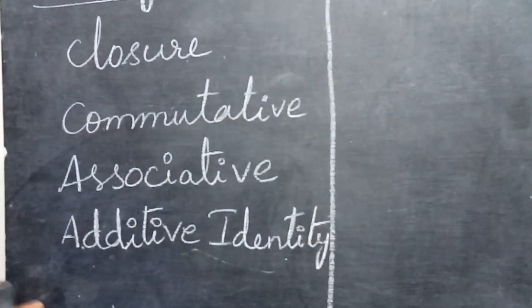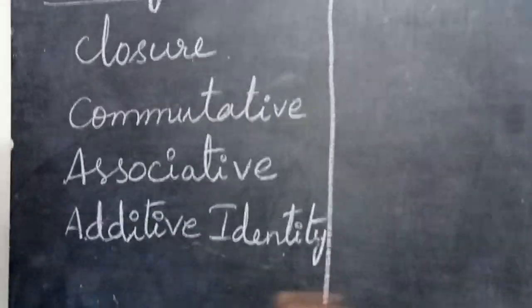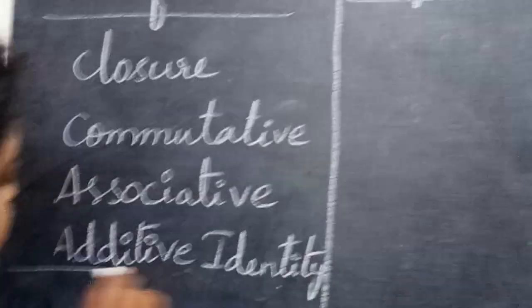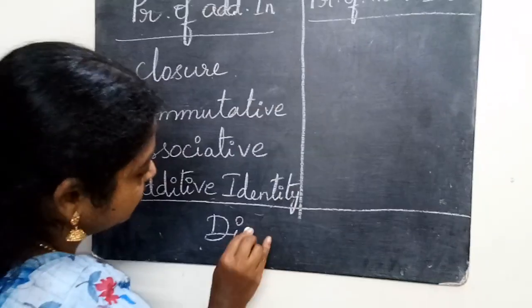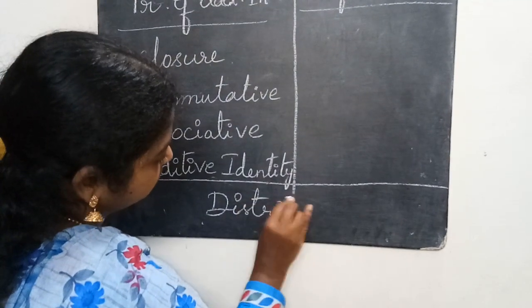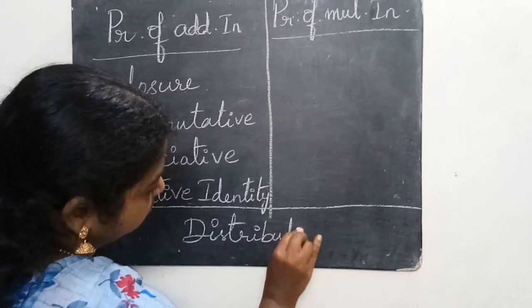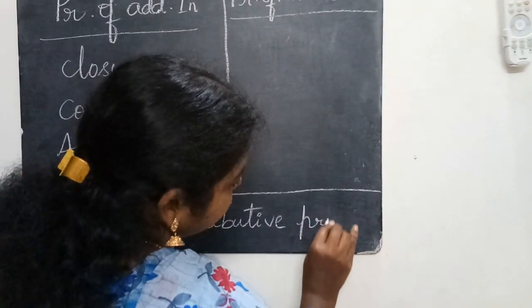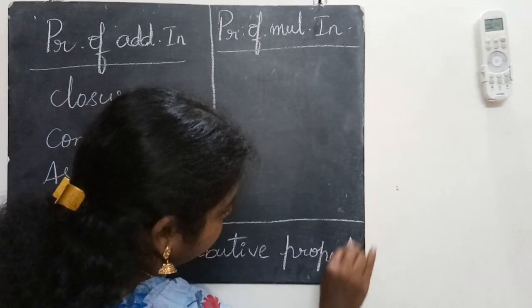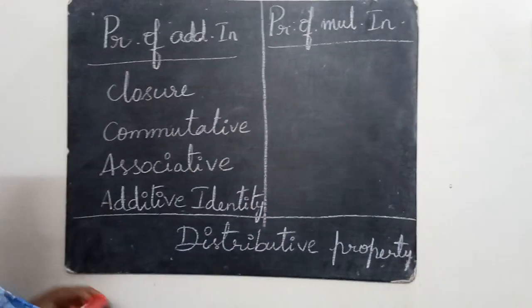Okay, and one more is for both, it will come, distributive property. Okay children, clear?